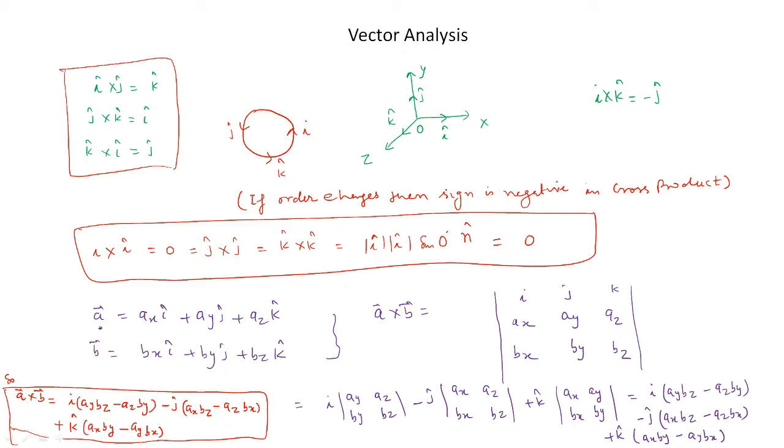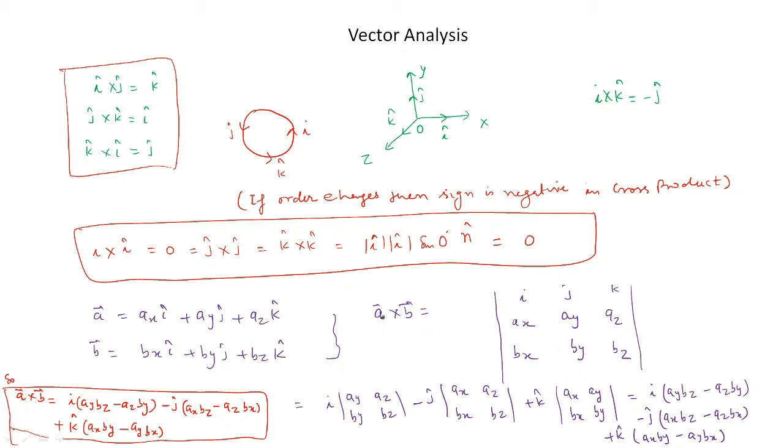Now the cross product of the two vectors can also be defined as follows: if vector A is equal to Ax i plus Ay j plus Az k, and vector B is equal to Bx i plus By j plus Bz k, then we can define vector A cross vector B by making the determinant. First we will write the unit vectors i, j, k here, then the scalar components of vector A, that will be Ax, Ay, Az, and then in the third row we will write the scalar components of vector B. So these will be Bx, By, Bz.